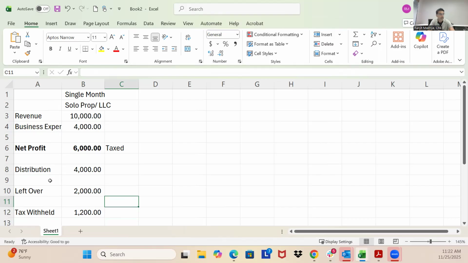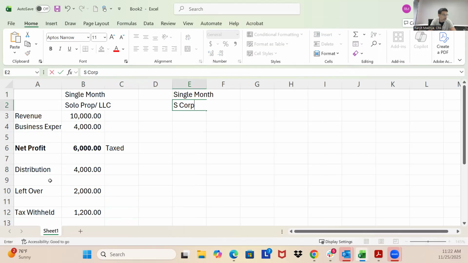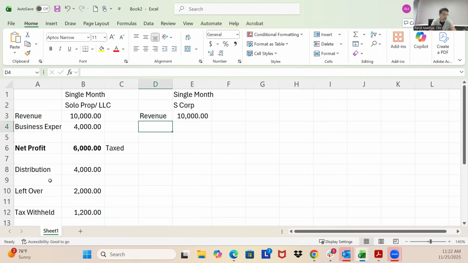This is one way. The second way is, again a single month, an S corp. We have the same revenue, and the same business expenses of $4,000.